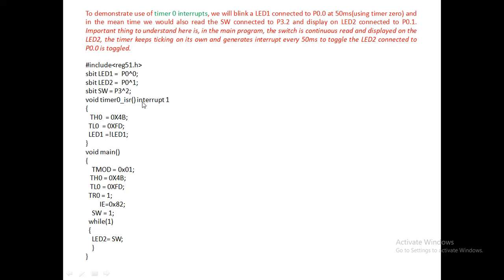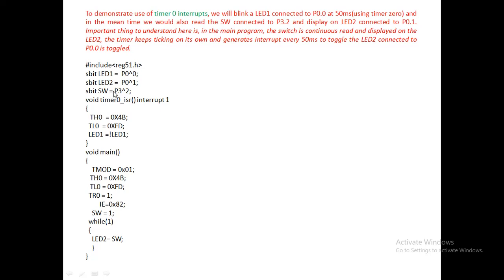So in this program, I am going to perform two operations simultaneously. One is generating the 50 millisecond delay on the P0.0 pin. Another one, I continuously monitor the switch, which I connected to P3.2.